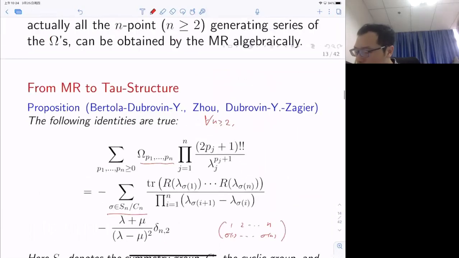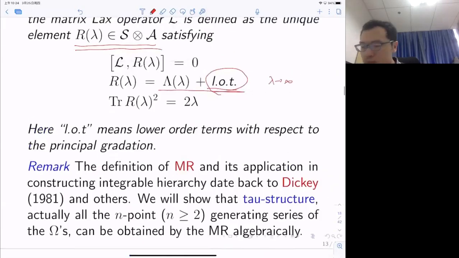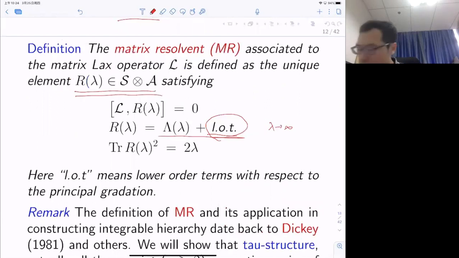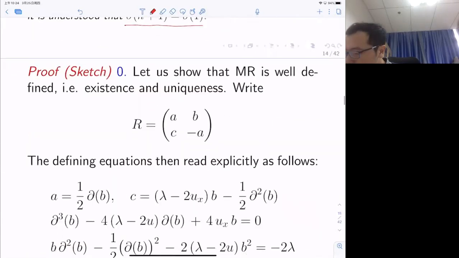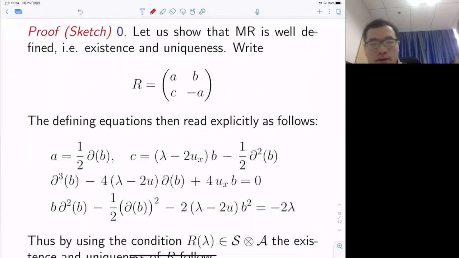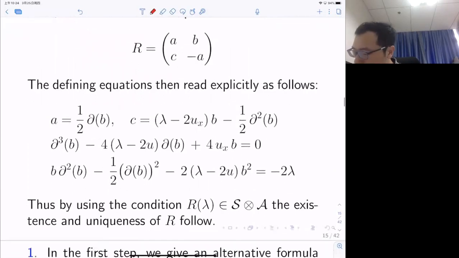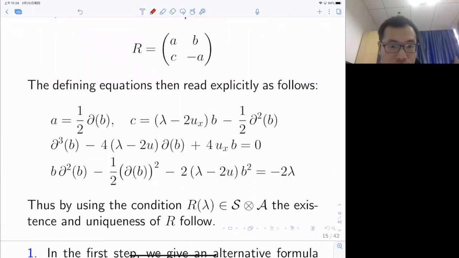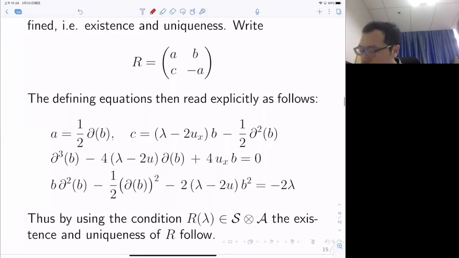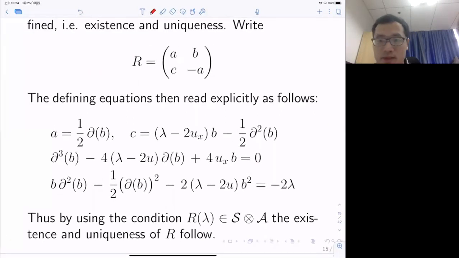So first we need to prove the existence and uniqueness of R. From the defining equations, we find that A, B, C must satisfy the following 4 equations. These 4 equations simply say A and C are determined by B in a very simple way, and B itself satisfies a linear equation together with a quadratic equation.